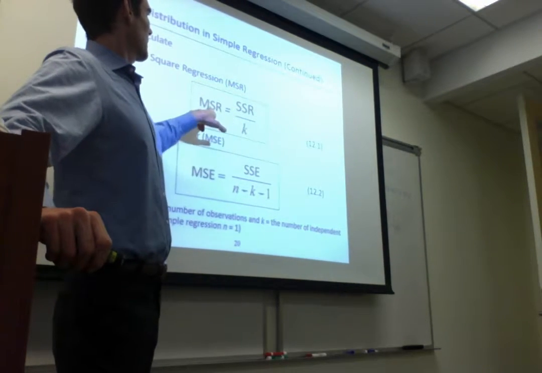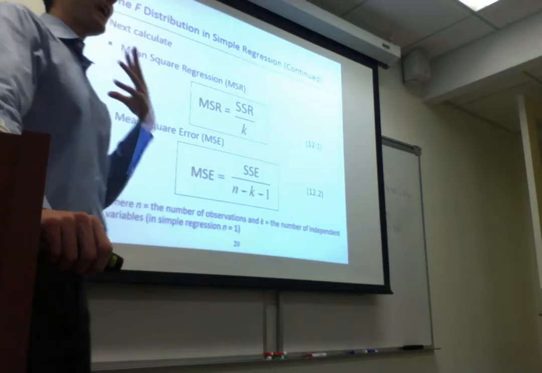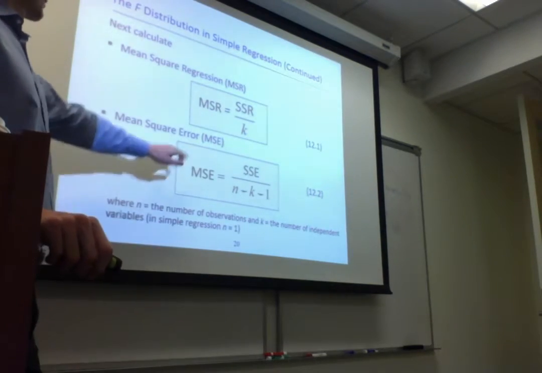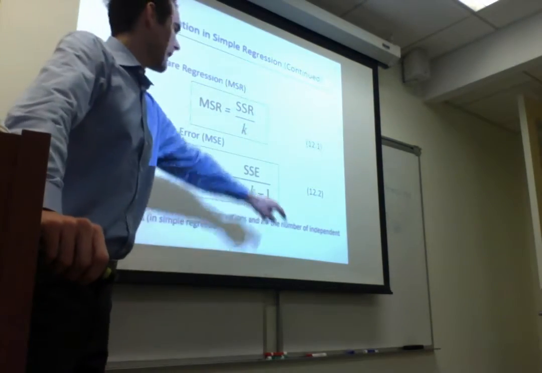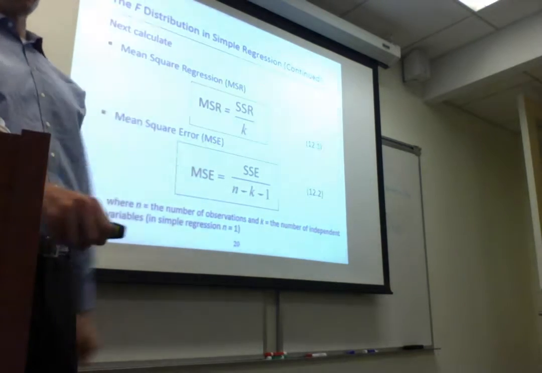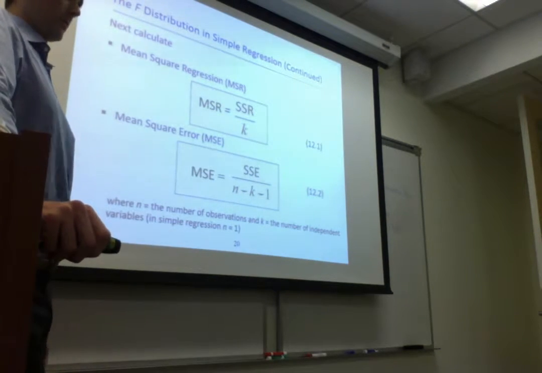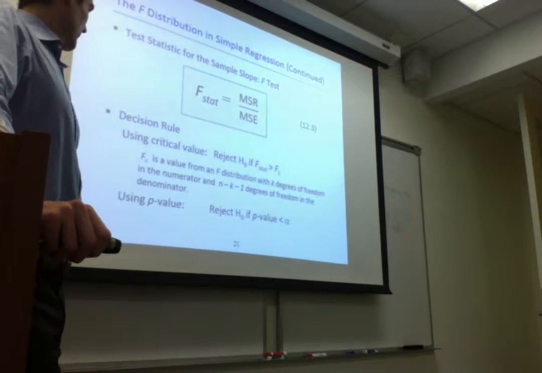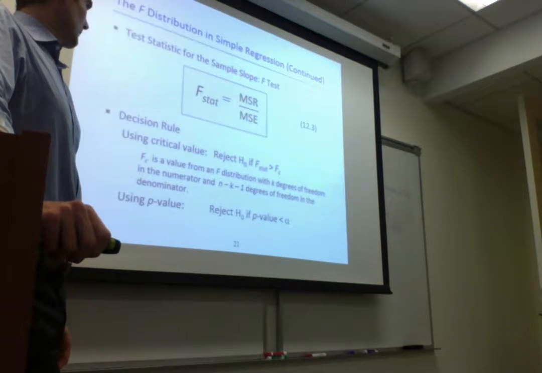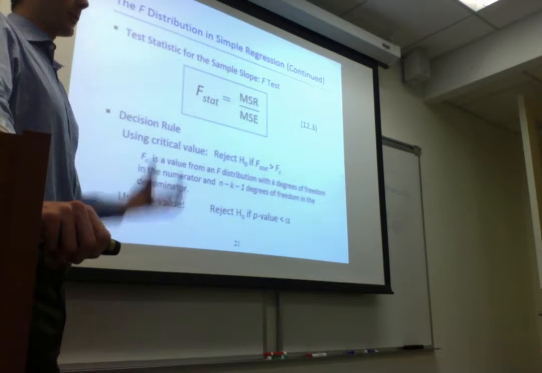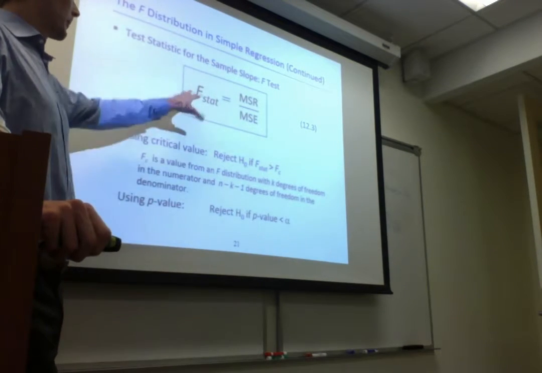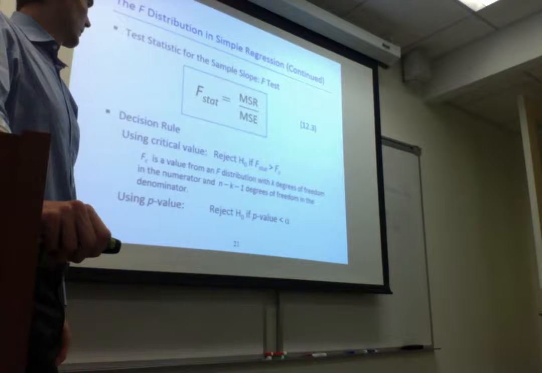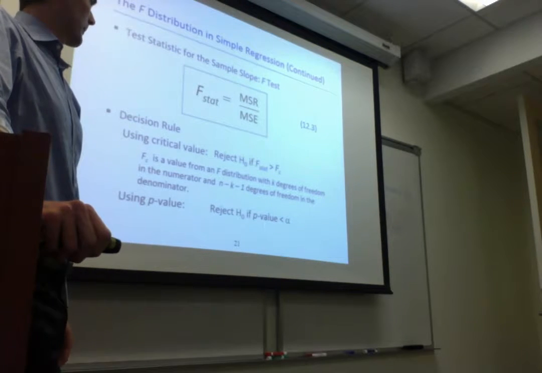This is just a reminder: explained versus unexplained. For the SSR, to get the mean square regression, we divide by k, the number of independent variables. For the mean square error, we divide by n minus k minus 1, which is roughly the number of samples we have. That gives us our F statistic. When we look that up on the table, we need to remember the degrees of freedom in our numerator and in our denominator.